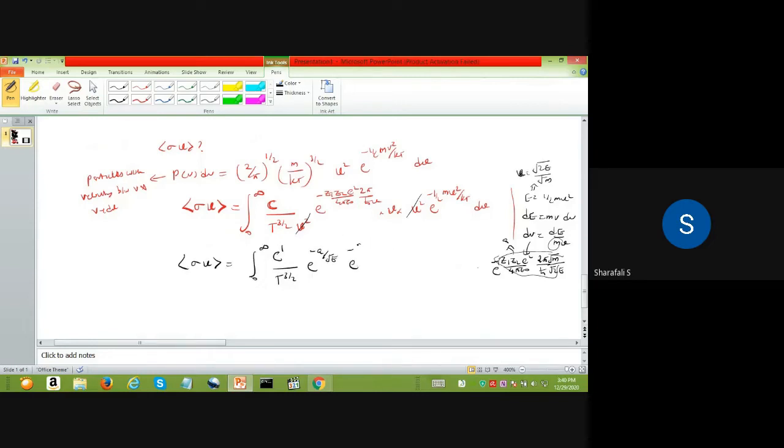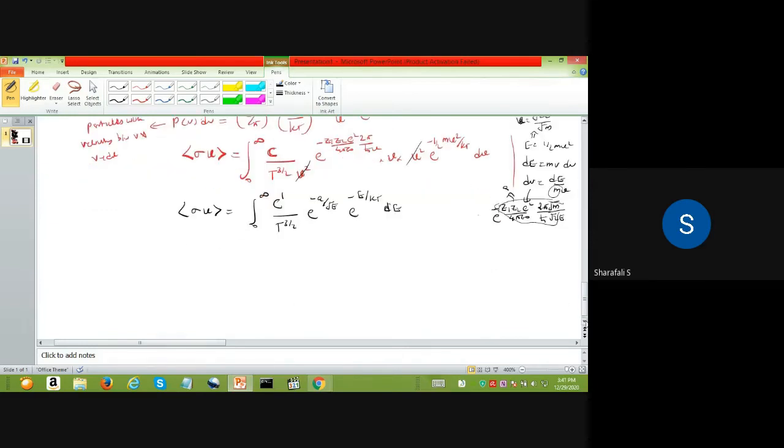Then e raised to minus E by kT, because E is now half mv square, and your dV will become dE by v, so that v and this v will get cancelled. So this is the expression for the average value of sigma v.